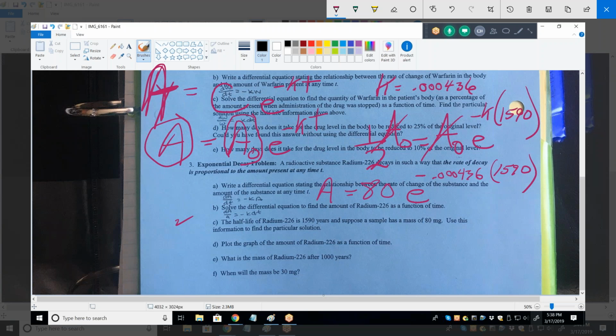Think for a second. Well, we know that would be true, right? In other words, after 1590, whatever you started with is going to go down by half. That's by definition.